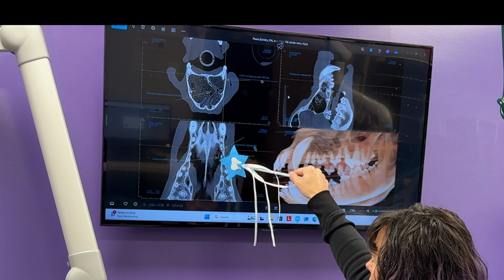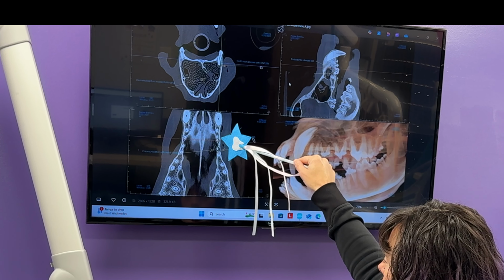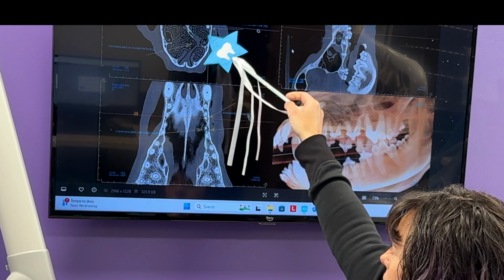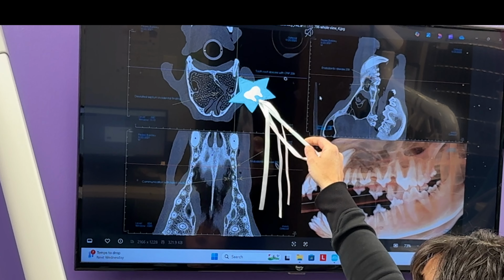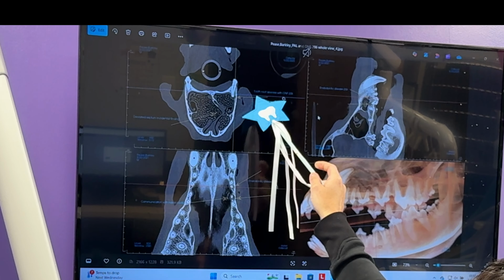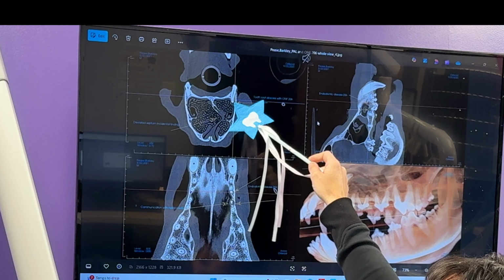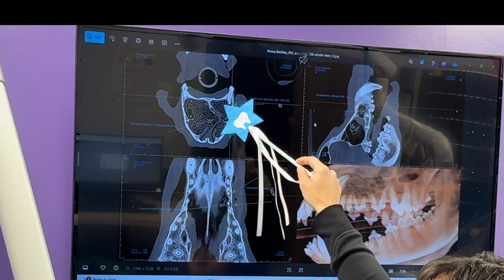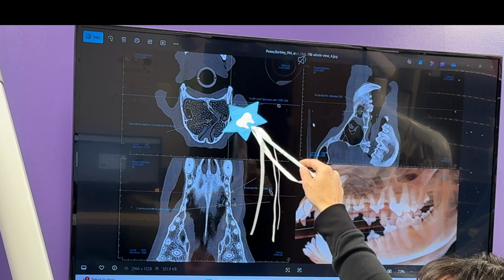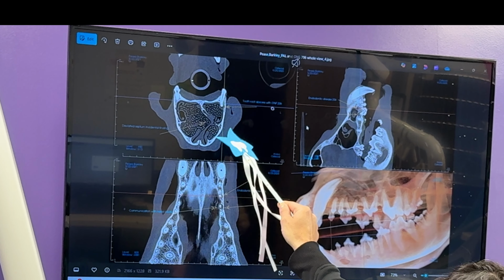We have these lesions around the tooth that actually on this view you can see, right at that root tip, and it's communicating with the nasal cavity. So infection had traveled all the way down this canal of this tooth and blown out the back of the root and caused an opening into the nasal cavity with infection.